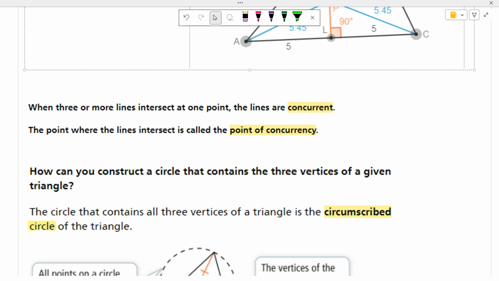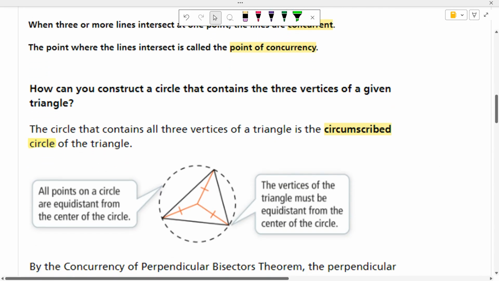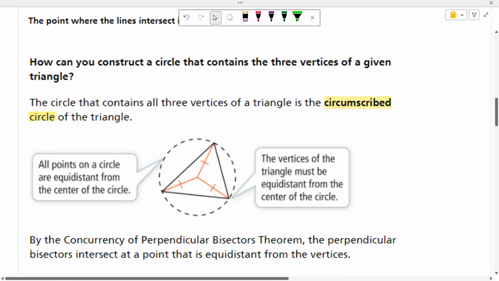We have medians that are concurrent, and they'll form a centroid. And then we have altitudes that are concurrent, and they form what is called an orthocenter. We'll get to the other two on Friday. But today we're going to worry about the circumcenter and the incenter.